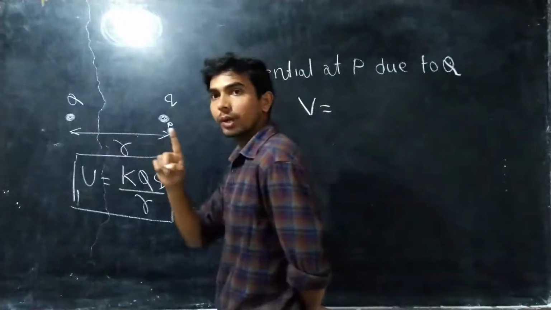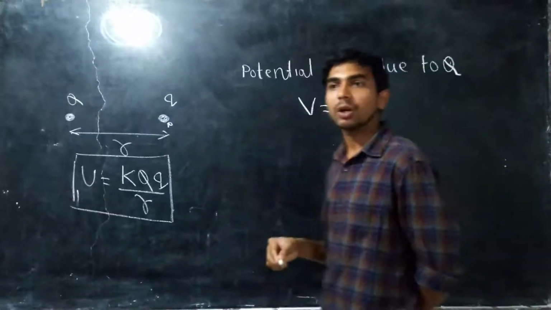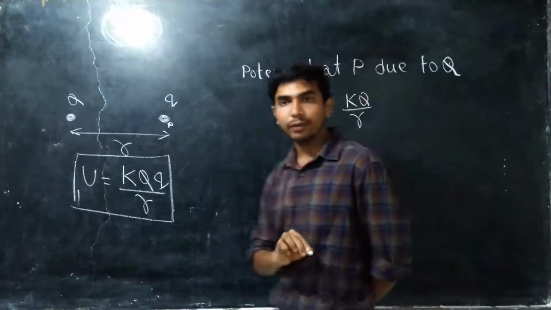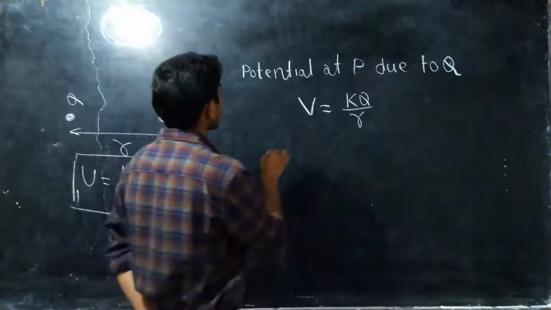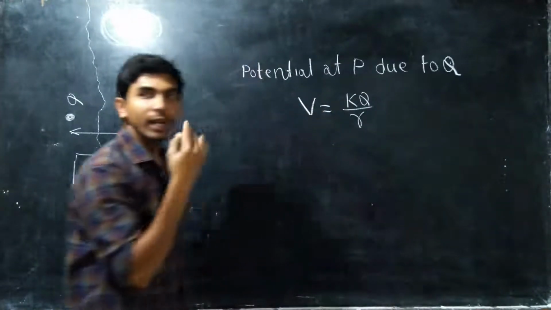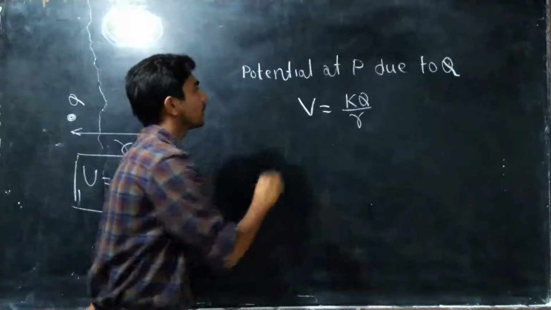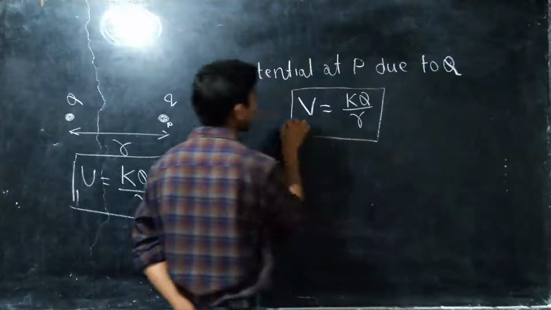The distance is known to you, so you are able to calculate potential. What is the formula of potential? KQ by r. This is the formula to calculate potential at any point due to any charge. If the separation is known, then you are able to calculate potential.